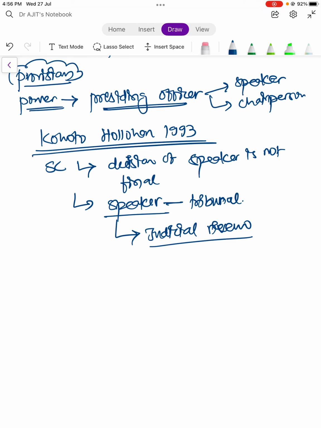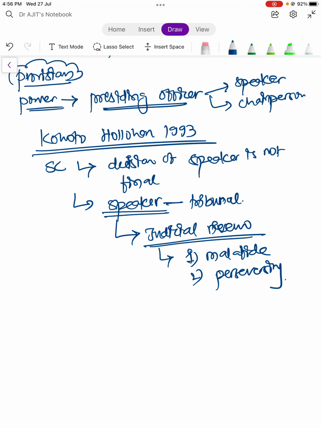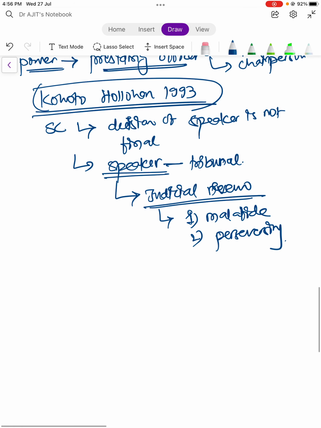But he said judicial review will be available mostly on two grounds: one is malafide intention and second is perversity. Based on this, anyone can approach the Supreme Court for judicial review of a decision of the Speaker in case of anti-defection. This is the Kihoto Hollohon case, right?